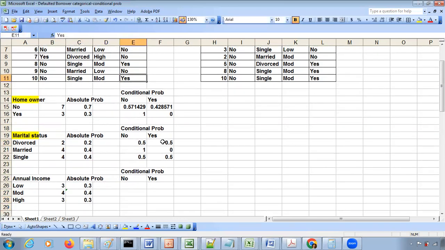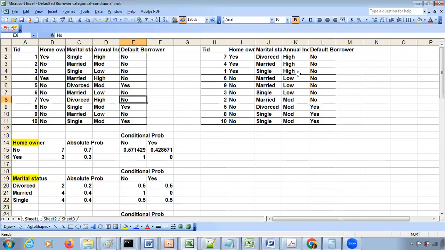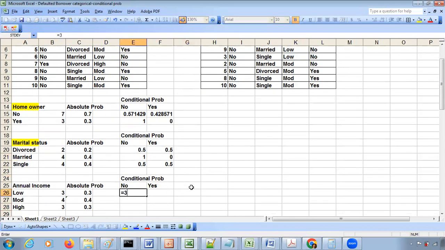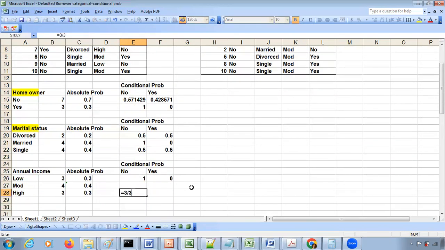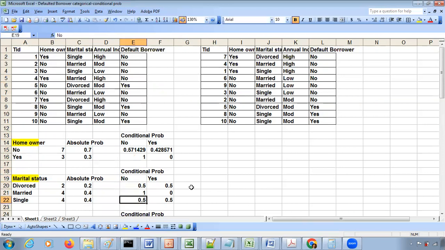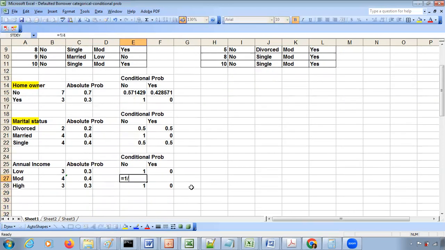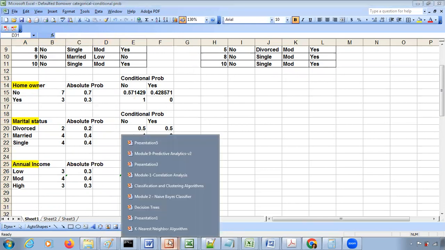Okay. So of the 3 lows, everything is in class no. So 3/3 and 0/3. Similarly, for the 3 highs, everything is in class no. So 3/3 and 0/3. And for moderate, 1 no and 3 yes. So 1/4 and 3/4 for moderate. So that's the annual income. So now we are ready to do some testing. So let's find a test case.